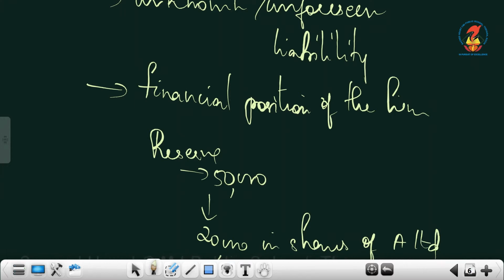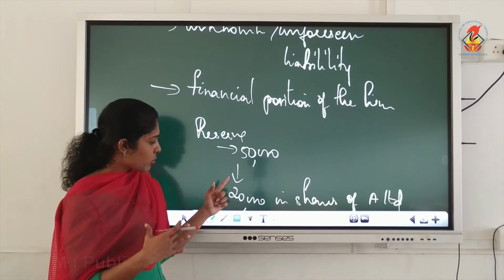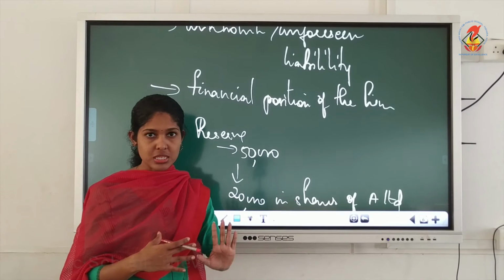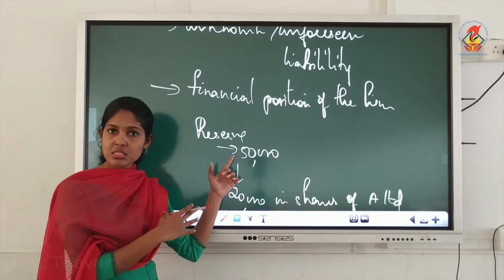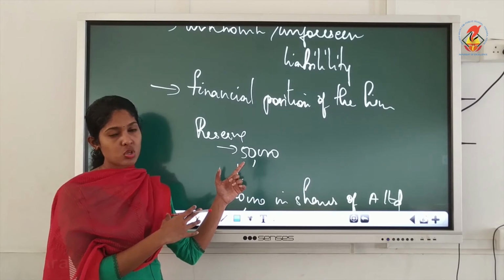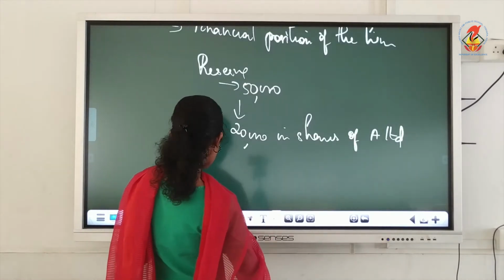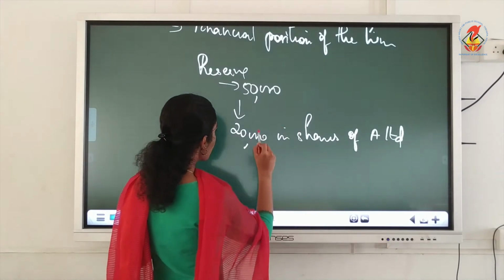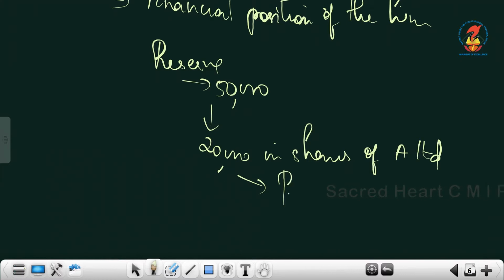You have invested your amount in A Limited and you got their shares. So this can be done using the reserve amount. Understood? So these are the uses of reserve, and when you invest some amount in outside securities, this will be termed as reserve fund.